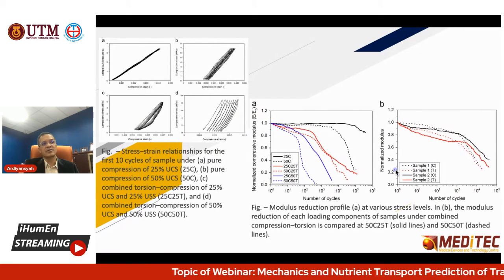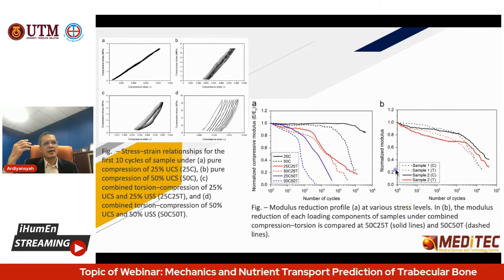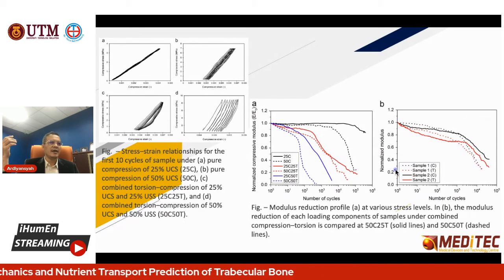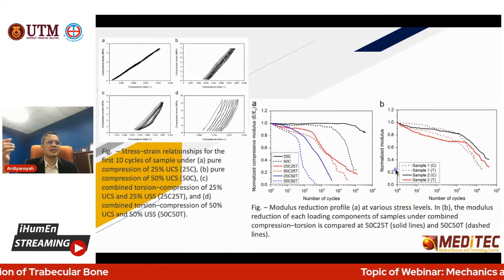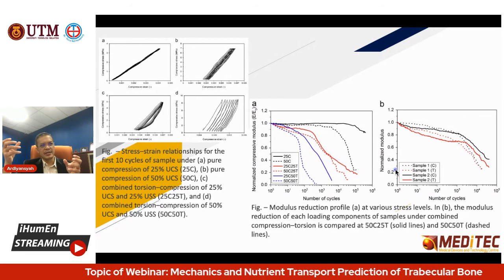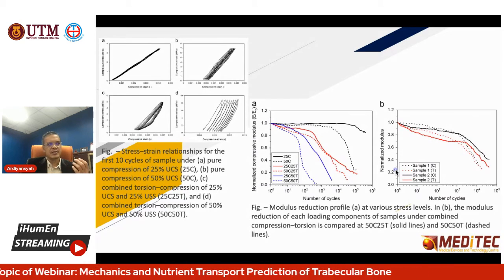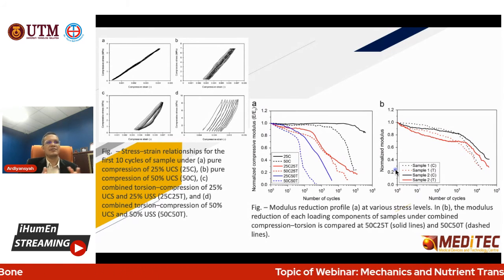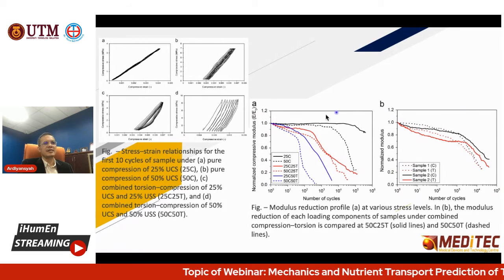We try to simulate, let's say, 25% of the compression and 25% of the torsion, and another one is 50% to 50%. After that we combine them, then you can compare. You can check here in the graph.